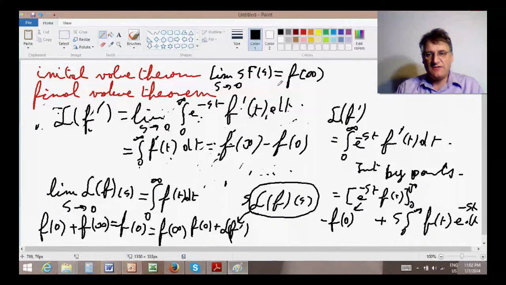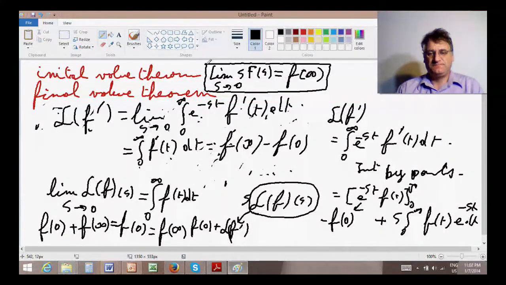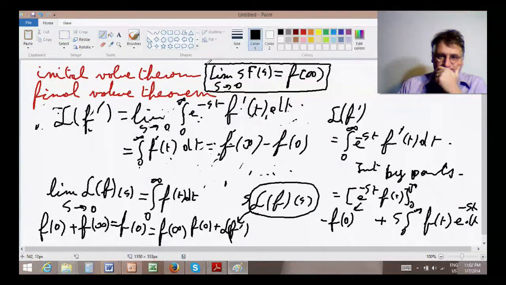Interesting, hey? So you can call it initial or final value theorem. I forgot. But that is true.